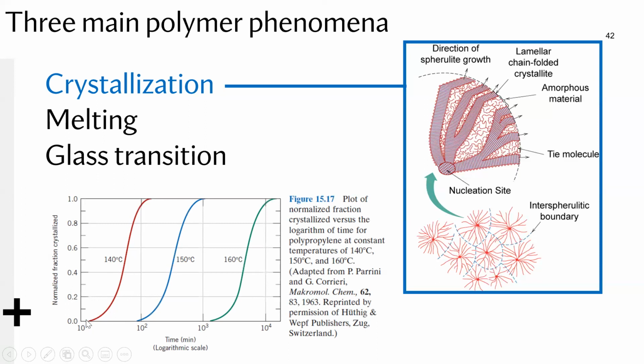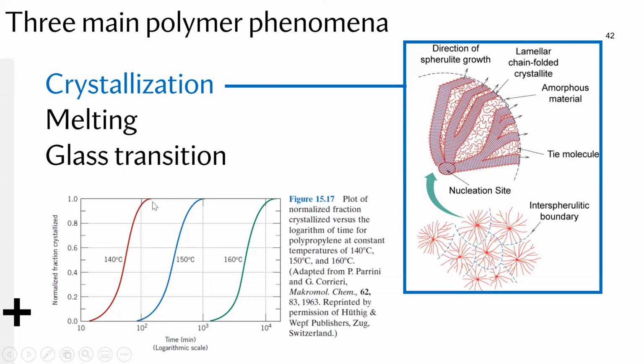So crystallization here, what you see is that, first of all, it depends on the temperature. We already discussed this. At different temperatures, if you give the material time, these crystals will grow, and it's always going to be an S-shaped curve where you go from 0% crystallinity all the way to 100%.